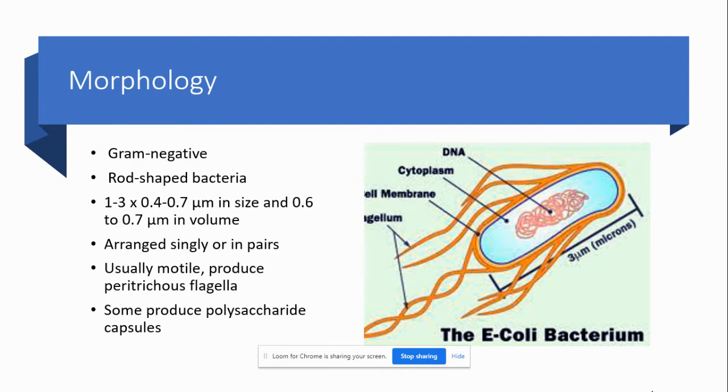It's arranged singly or in pairs. It's usually motile. It produces peritrichous flagella, and that's why it enables the bacteria to move. And some of them produce polysaccharide capsules.